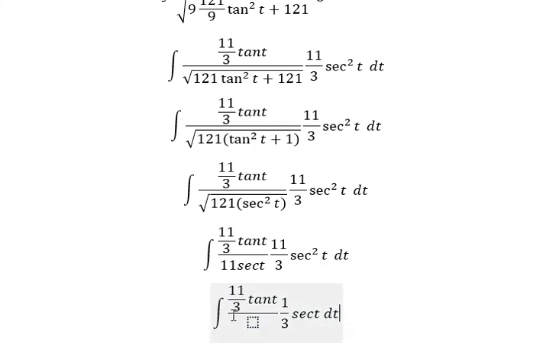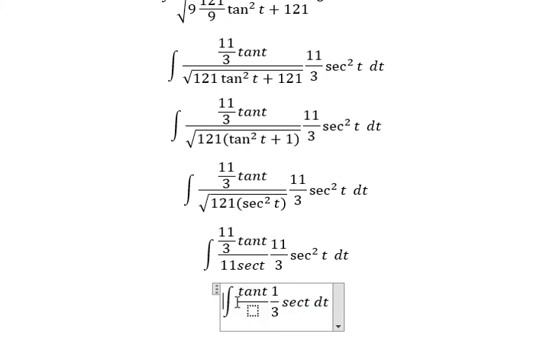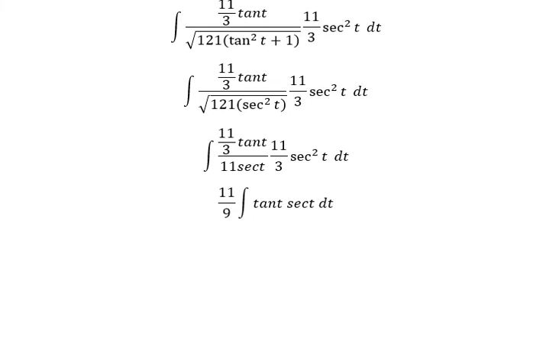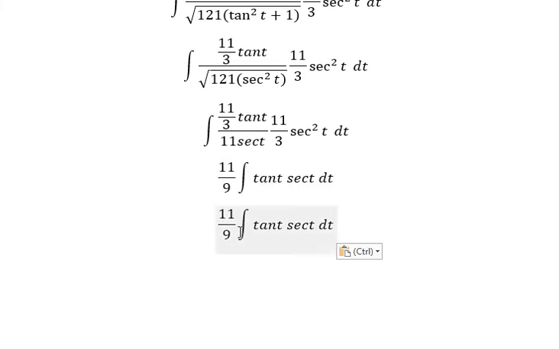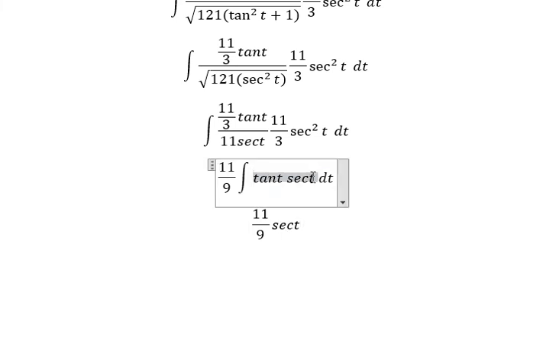Now 11 over 3 times 1 over 3 we can put into 11 over 9. The integration of tan t secant t is secant t, because the derivative of secant t is tan t secant t. And now we put c.